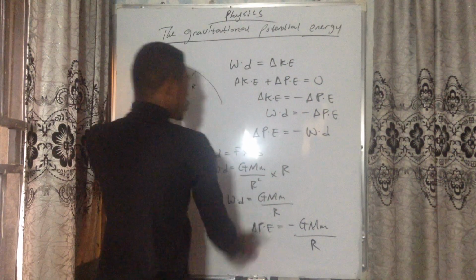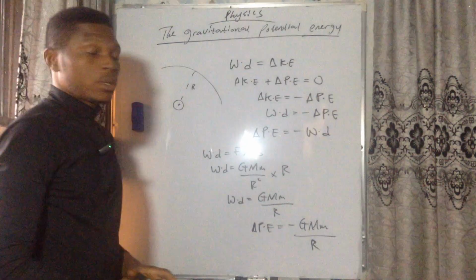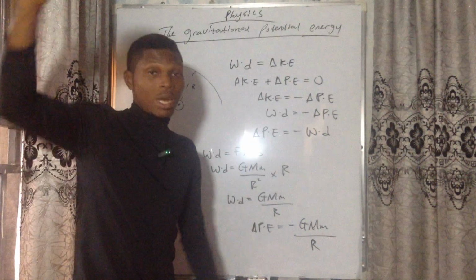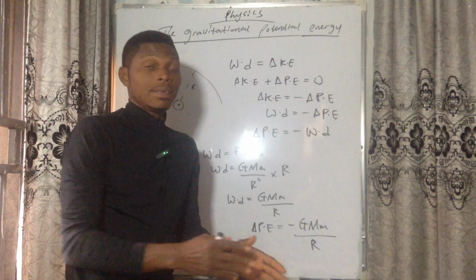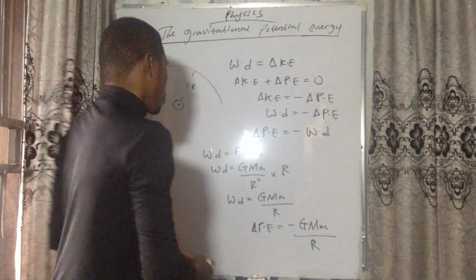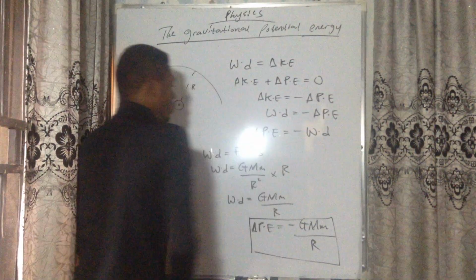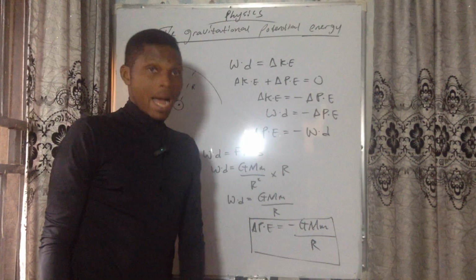The change in potential energy is the negative of the work done by the gravitational force in a conservative field, like the gravitational field. So this is the formula: the change in potential energy is equal to minus GMM over R.